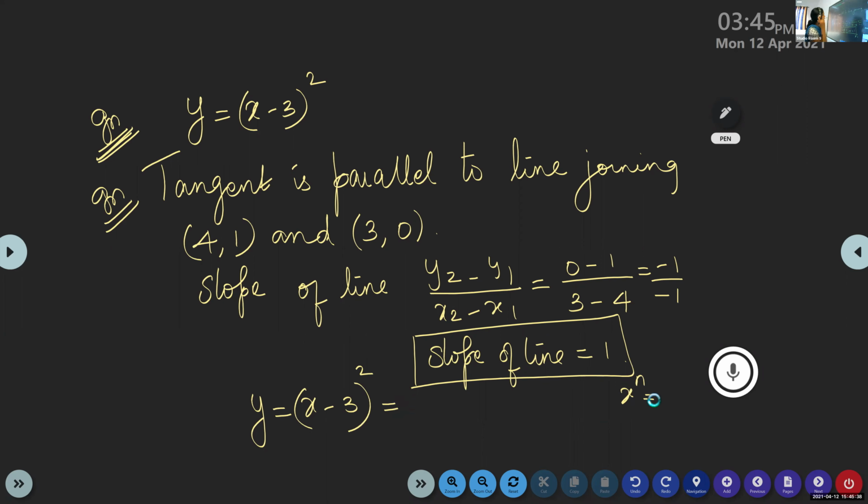Derivative of x raised to n plus 1 by n plus 1 is integration, isn't it? Here I am asking the derivative. That day itself I made the same mistake. What is the derivative of x raised to n?